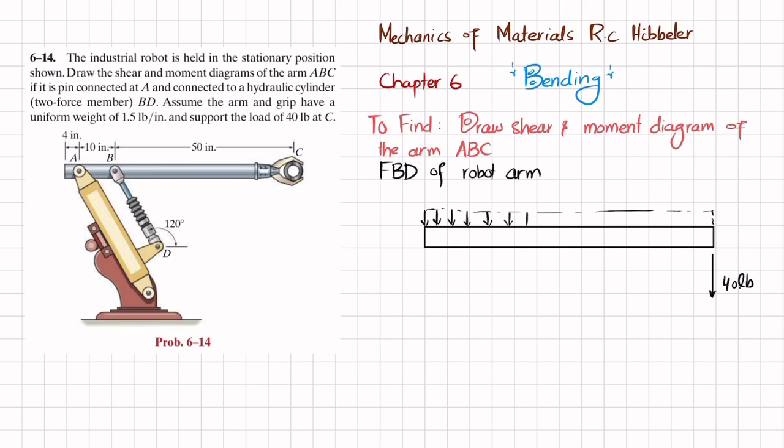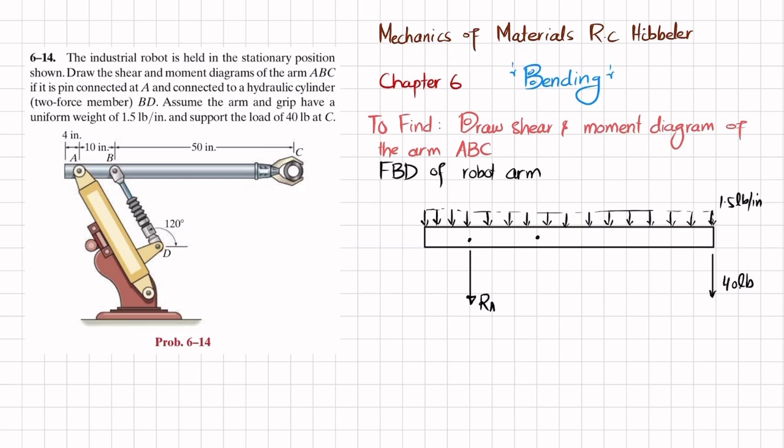The weight of the arm is a uniformly distributed load, and the magnitude of this load is given as 1.5 pounds per inch. Clear? And at this point A you have a pin. If you remove it, you will have a vertical reaction force, which we take downward, which is RA.